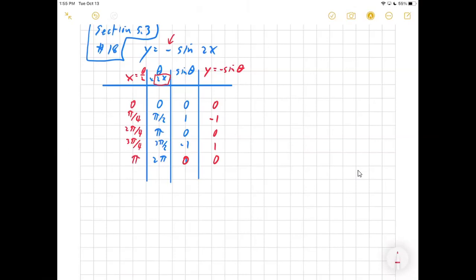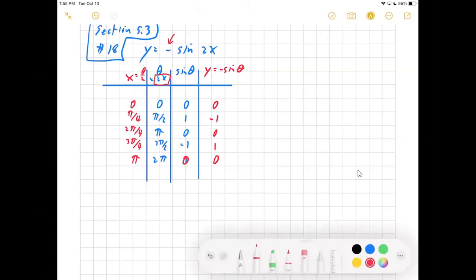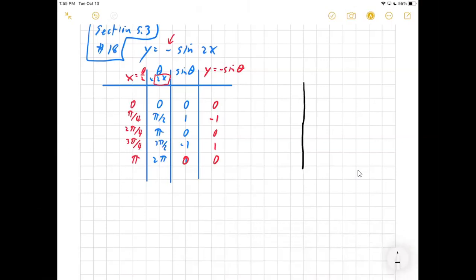Okay. So if I want to graph this, what I would do is now just draw some axes. I will draw an axis here, and we can mark it off; let's make pi right here.